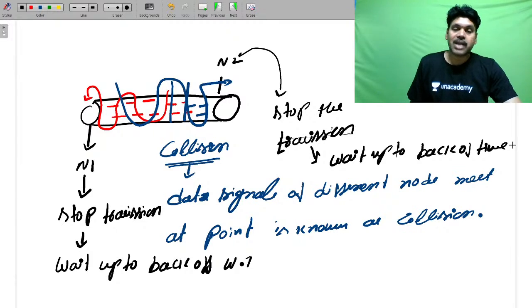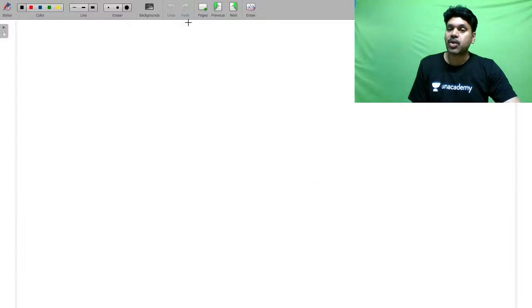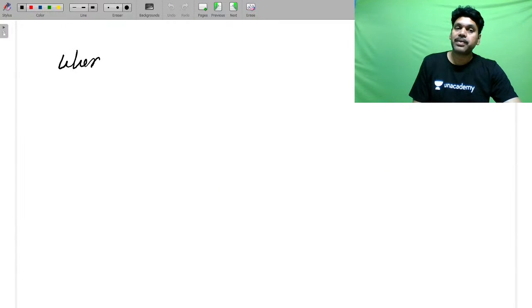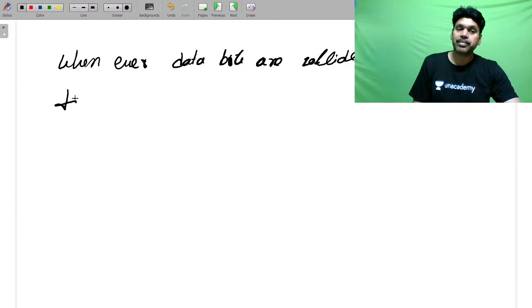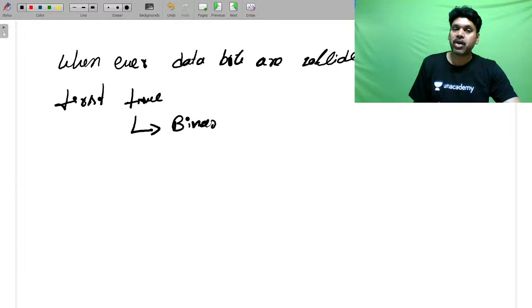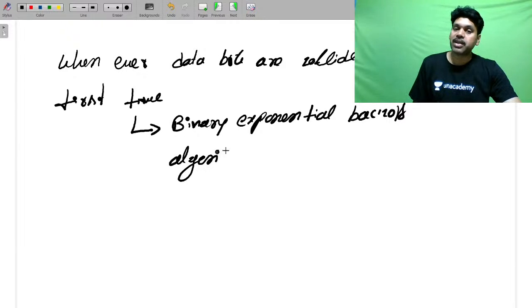Last session I said a very important point. Whenever data bits collide for the first time, then with the help of the binary exponential Backoff algorithm, we are not going to get further collisions.